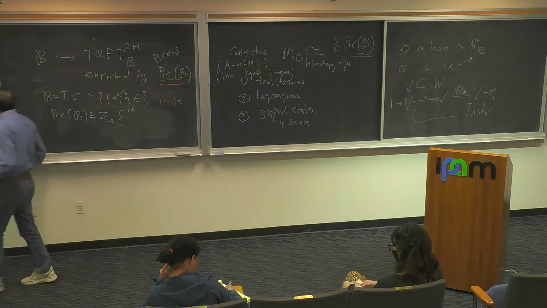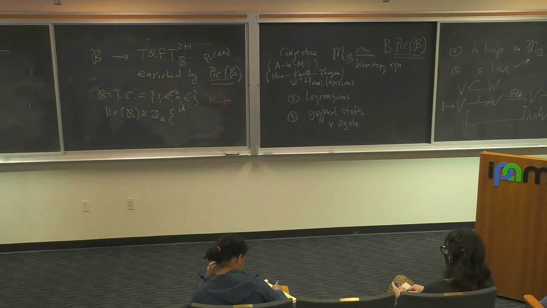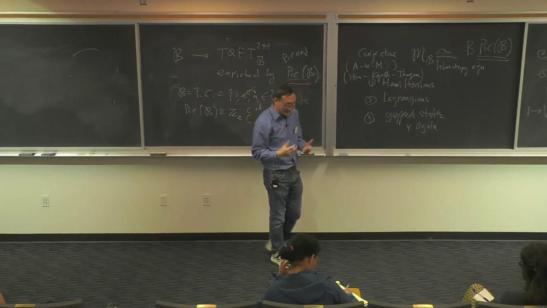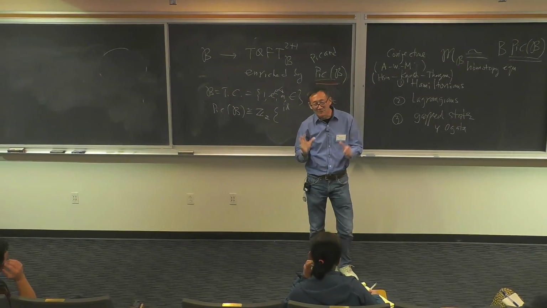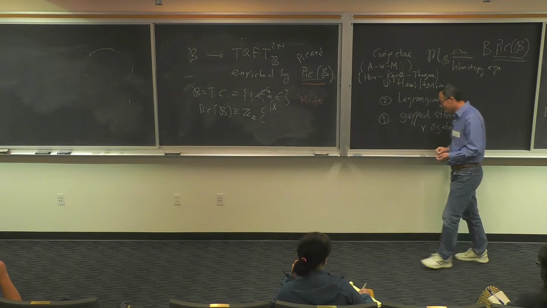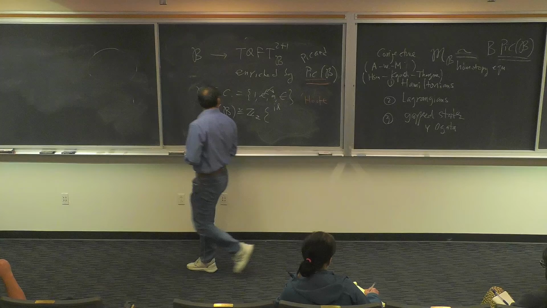This is a very old name. You take any field, complex numbers, real numbers, and there's a Picard group. This is a generalization to incredible abstraction.